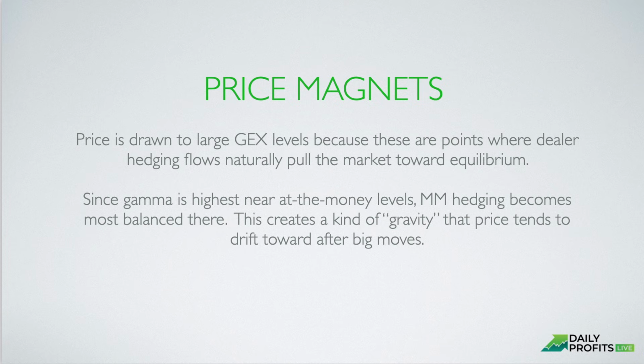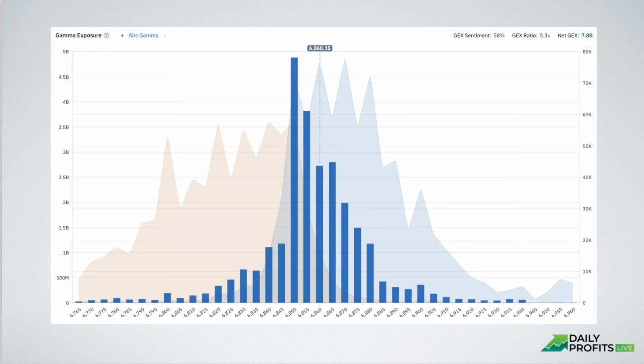Since gamma is at the highest at the money levels, right, the market maker hedging becomes more balanced there, and it becomes kind of a gravity that brings the price up. So using yesterday as an example on this gamma exposure chart, this is absolute gamma. So this gets rid of the call and the put side, positive and negative gamma, and it gives us a gamma exposure line that is the absolute.